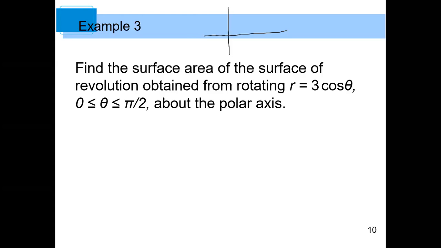What's cosine of 0? 1. Right, so we're out here at 3. And then what happens to the radius as I increase to pi over 2? What's happening to the radius as I increase to 90 degrees? The radius is decreasing down to 0. So it's going to go like this.